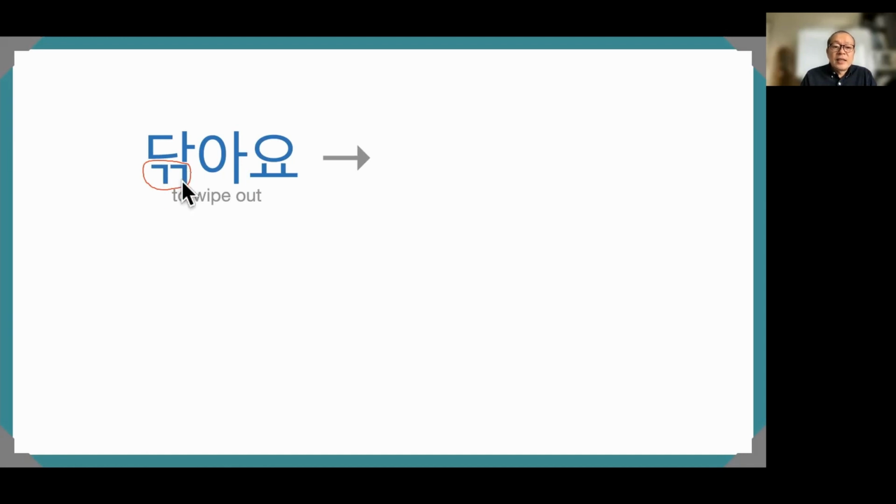In that case, this double consonant is shifted to the next level. All of this double consonant is shifted. So if you read like this, 다 까요, because this is a double consonant.